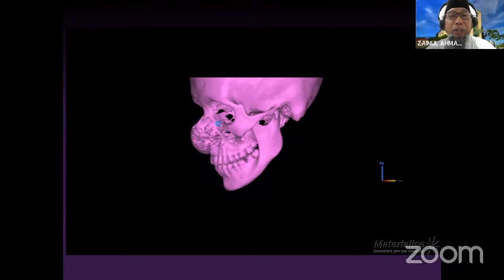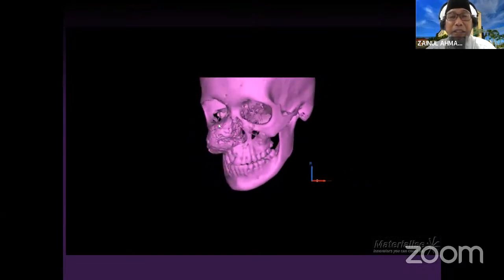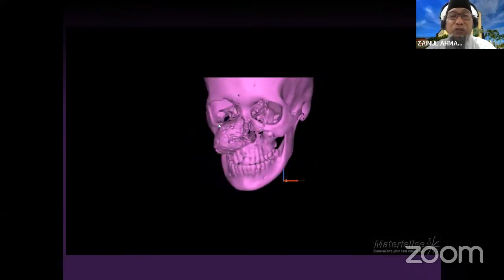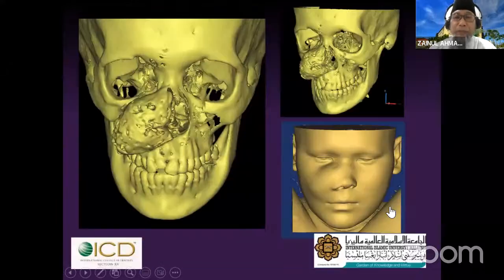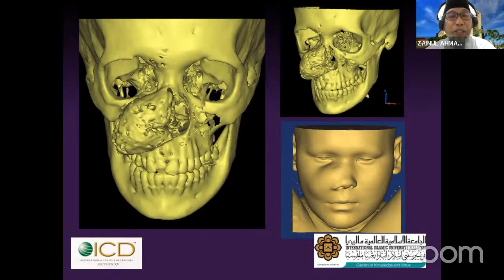It's still intact. However, it goes beyond the nasal cavity and also to the floor of the orbit. You can do some reconstructions on this. You can see clearly the extent of the tumor based on this 3D reconstruction.